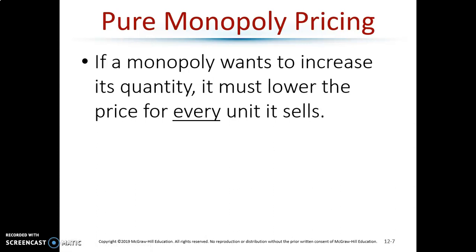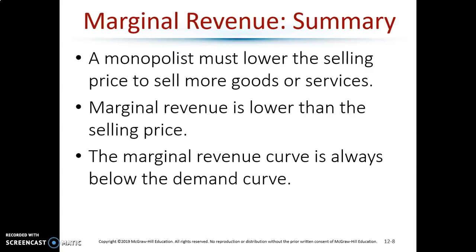The market demand curve that you face means if you want to sell more, you have to drop your price. If you want to have a higher price, then you have to sell less. You're following that market demand curve. Once you figure out your optimal quantity, you're charging the price on that demand curve.